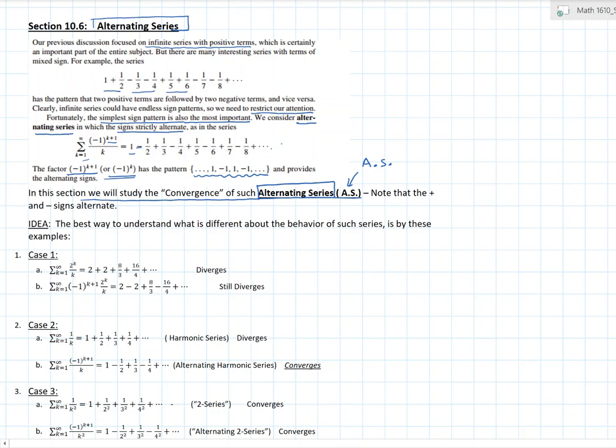And by the way, if they are all positive, for example, if it was just this, which you have seen many times, 1 plus half plus 1/3 and so on, it had a name, harmonic series. But if you have the alternating one, like this one that we just saw, it's called the alternating harmonic series. It's a very important series and it shows some very interesting properties.